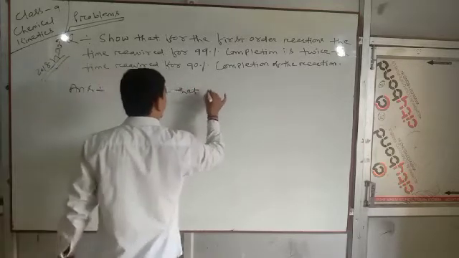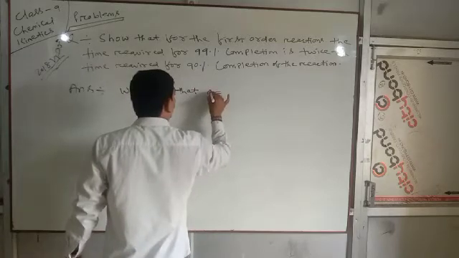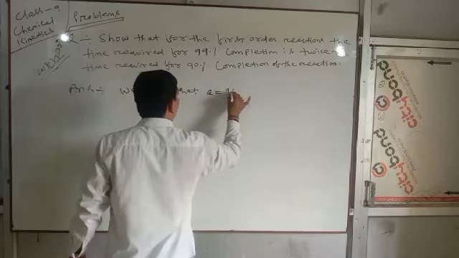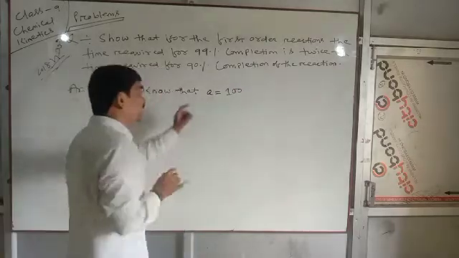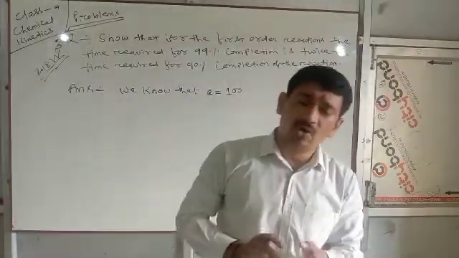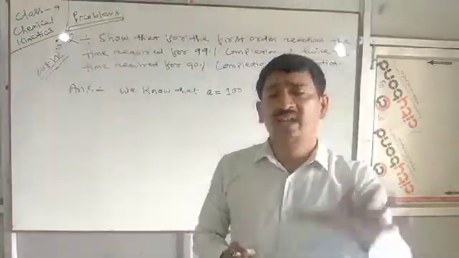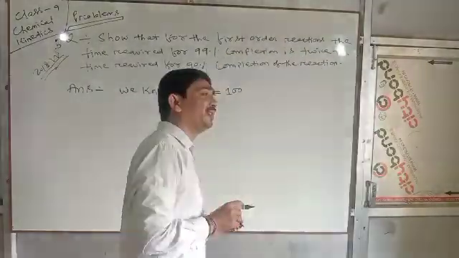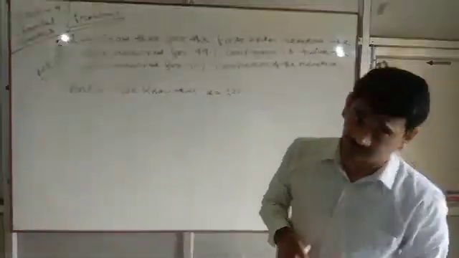we know that a equals 100. When percentage is given, always take a as the initial concentration, that is 100. Clear?